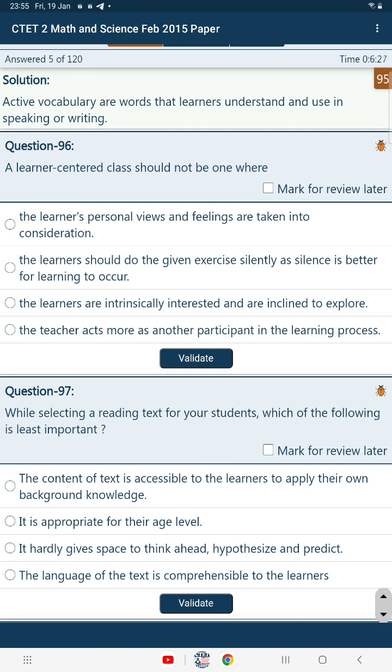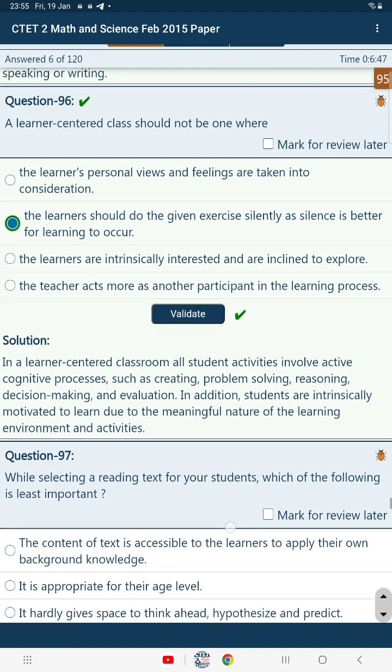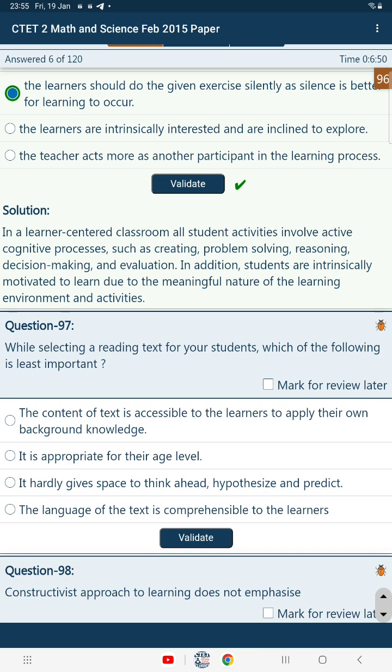The learners are intrinsically interested and inclined to explore. Learners should do the given exercise silently, no. In a learner-centered classroom, all student activities involve active cognitive processes such as creating, problem solving, reasoning, decision making, and evaluation. In addition, students are intrinsically motivated to learn due to the meaningful nature of the learning environment.